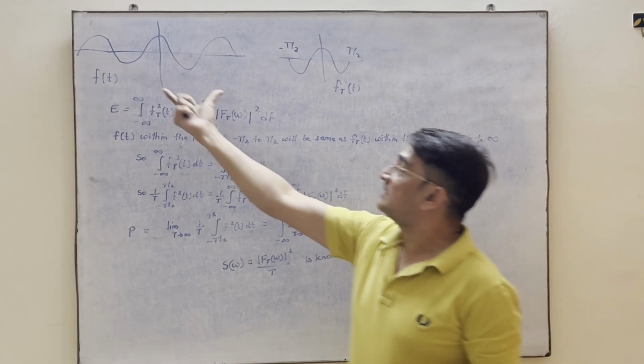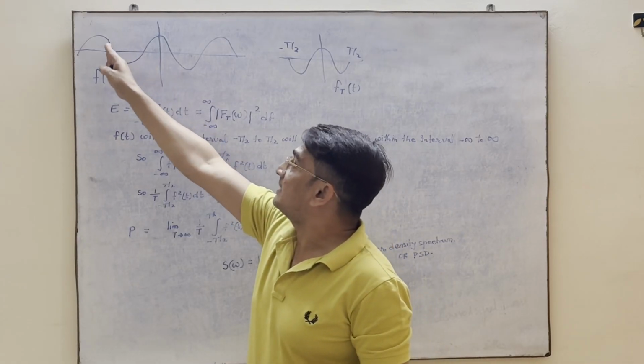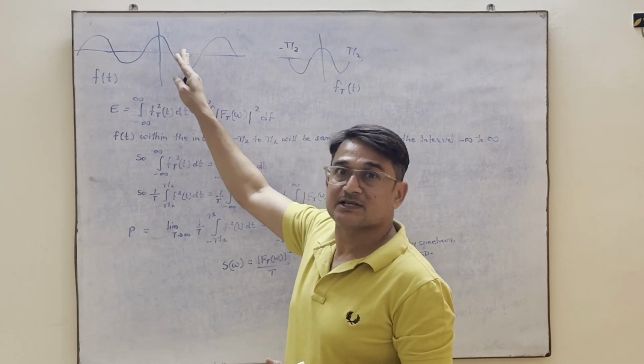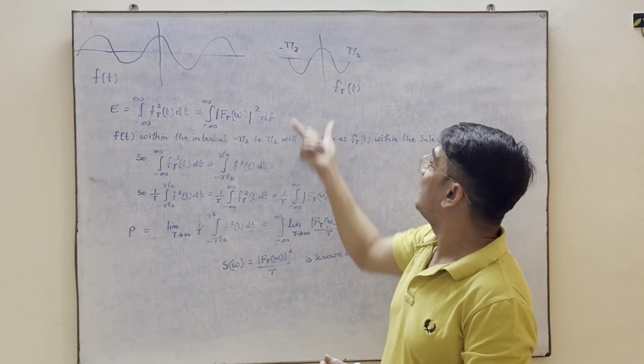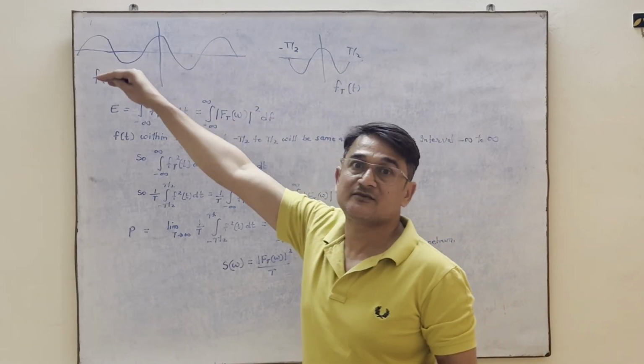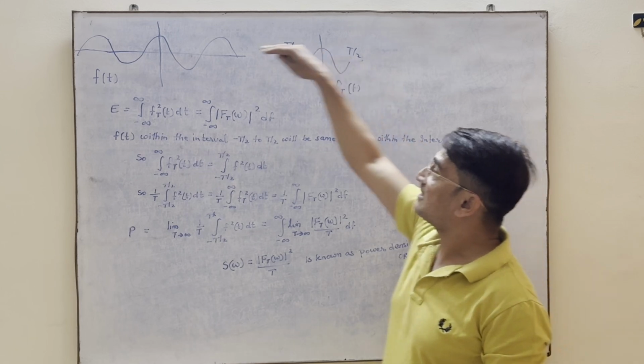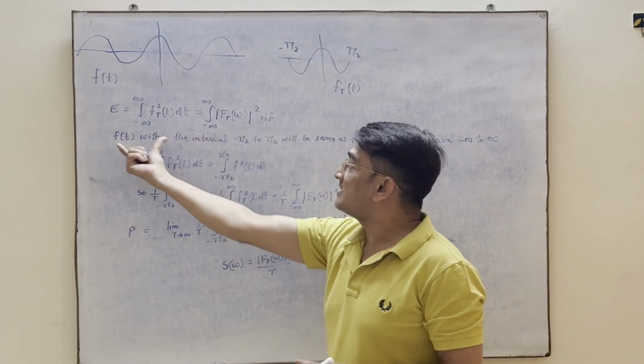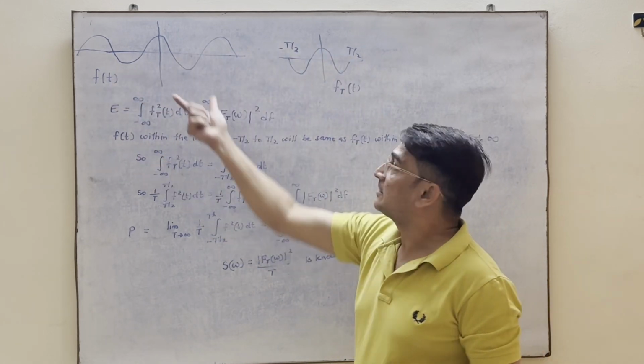That means, this is ft. If we truncate this signal from minus T by 2 to plus T by 2, it will become f_T. And if we increase this minus T by 2 to plus T by 2 to minus infinity to plus infinity, this truncated function will become ft. So that is what I have written in this line.